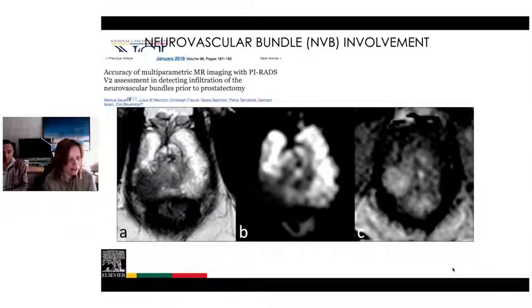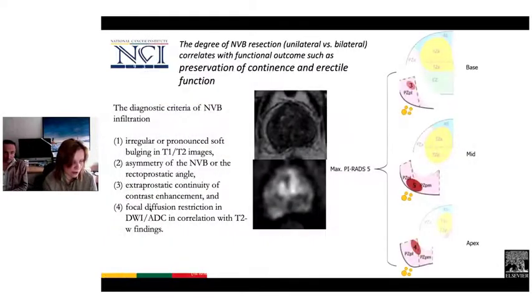We will have consensus discussions about it later, so let's move on. Talking about the neurovascular bundle, we can say that it's involved in some cases when we see extracapsular extension or contrast enhancing around the prostate.